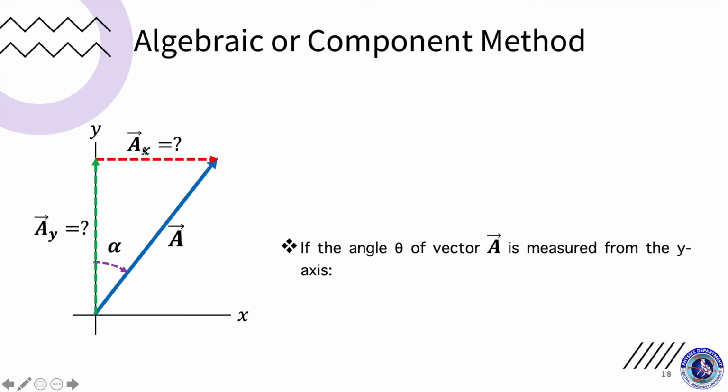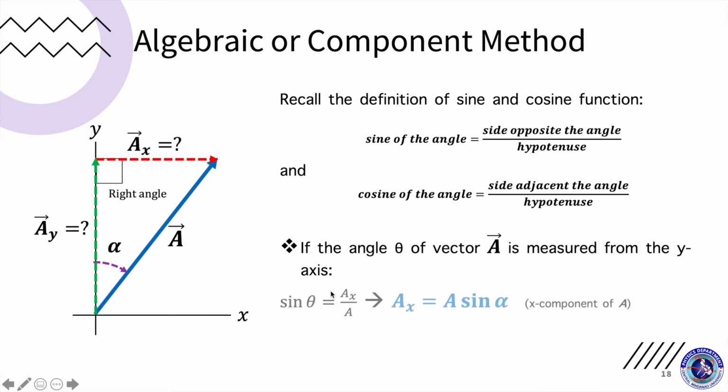Your AX is on the opposite side of your angle alpha, so your AX component is simply equal to A sine alpha. We don't have to write all of this out because it's too tedious, so we'll just write it in this form. Next, your AY is on the adjacent side of your angle alpha, so it's cosine. That means your AY is simply equal to A cosine alpha.